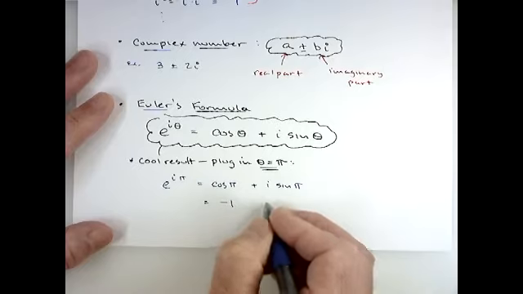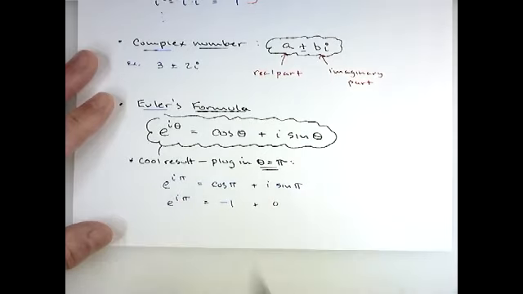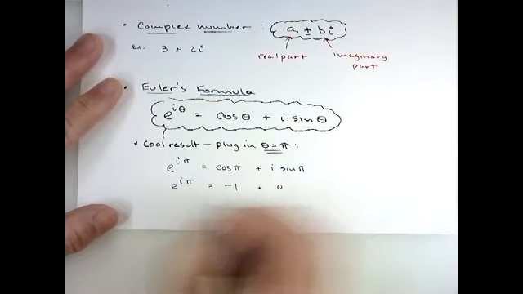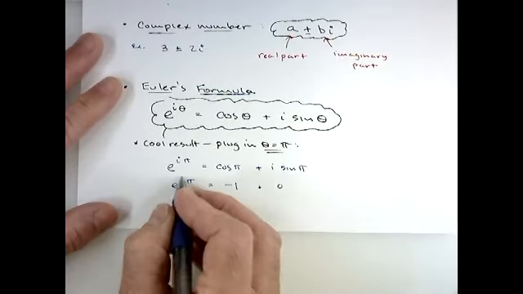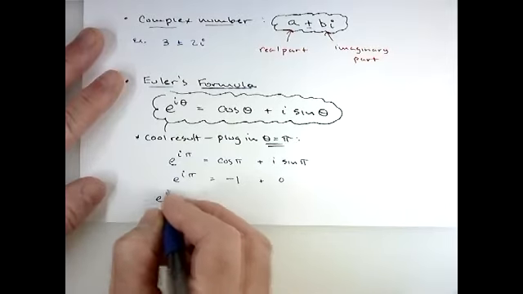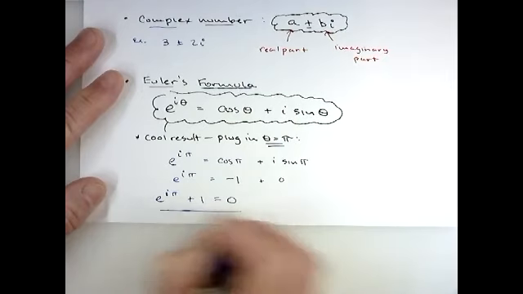Sine of pi is 0, so this part goes away. This is nothing, plus 0. And the way we usually talk about this being very cool is if you move this over, what do you get? You get e to the i times pi plus 1 equals 0.